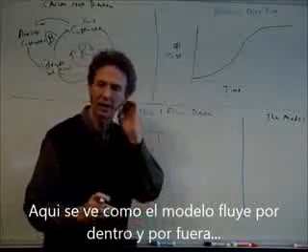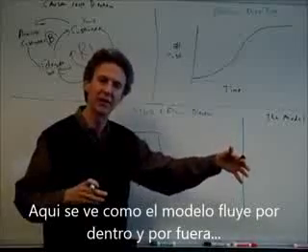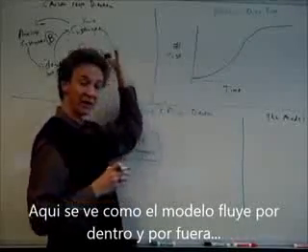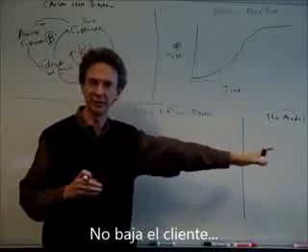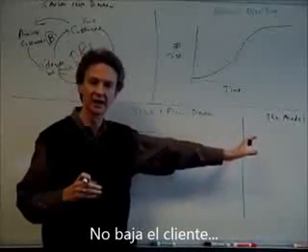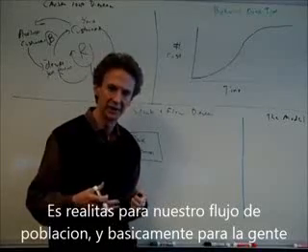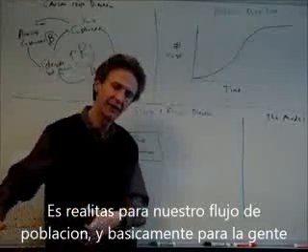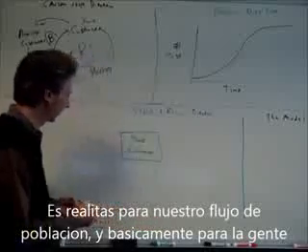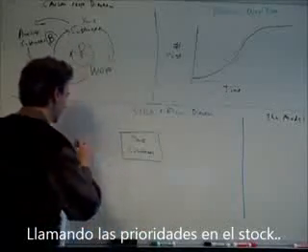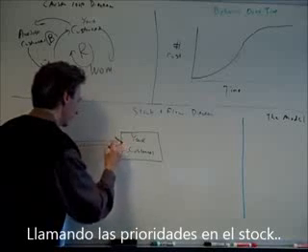Okay? Now let's talk about the flows in and out of that stock. In our model here, no customers leave you, so there's no flow out of the stock, which isn't realistic, but we'll do it for our simplified model. And then the flow into the stock is basically people buying your product, becoming your customer.